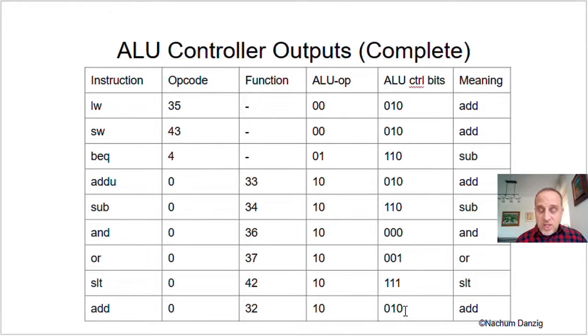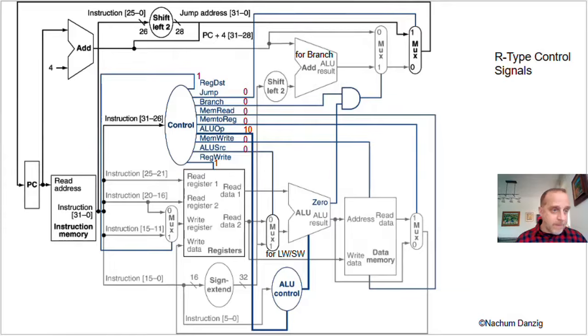And 010 tells the ALU unit to do an add. In other words, over here there is a 32 coming in as the function code, and coming out here is a 010, and 010 tells the ALU to do add.